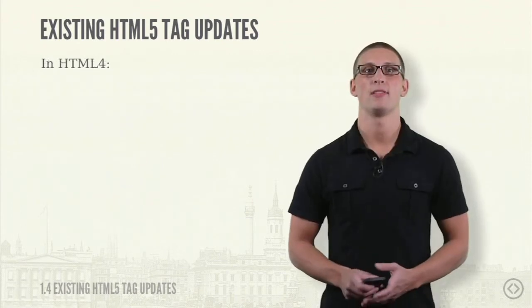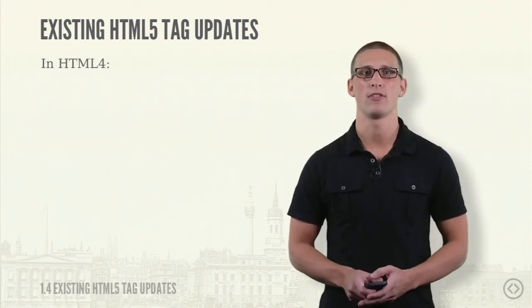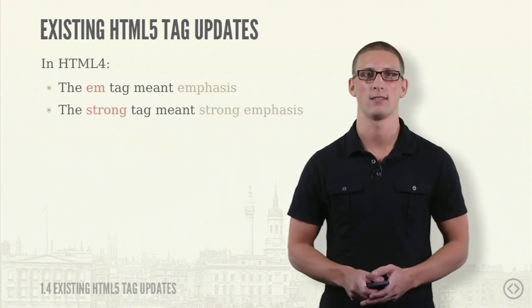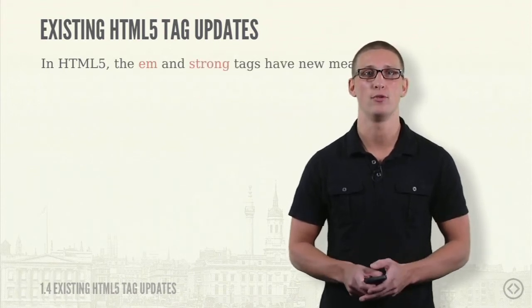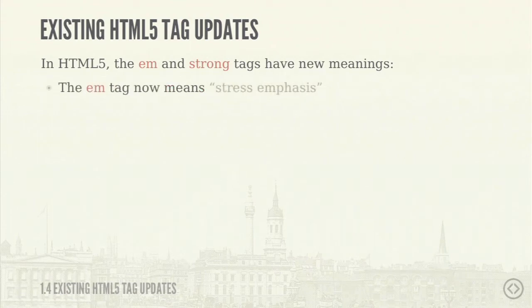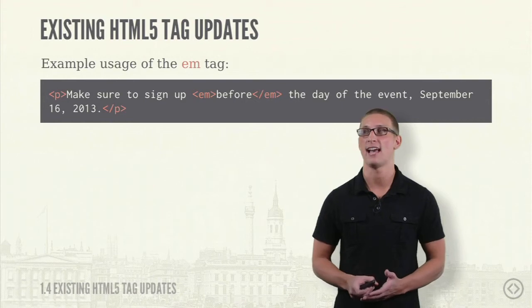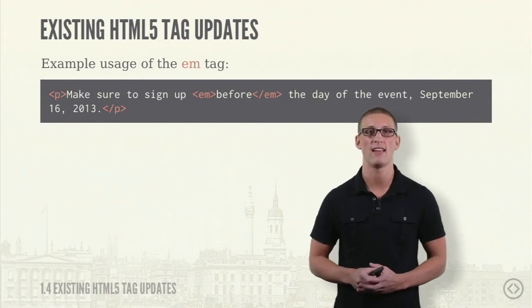Next up, we have the M and strong tags. And in HTML4, the M tag meant emphasis, while the strong tag meant strong emphasis. But in HTML5, they have new meanings. The M tag now means stress emphasis, while the strong tag now means strong importance. So let's look at some examples of these. So here we have a paragraph with the text, "Make sure to sign up before the day of the event, September 16th, 2013."